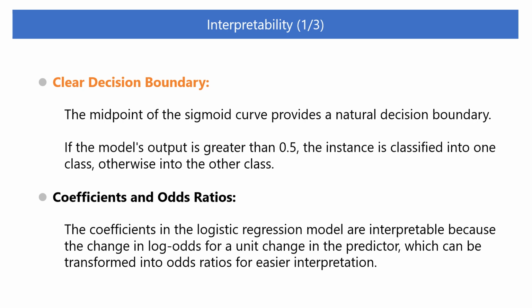If the model's output is greater than 0.5, the instance is classified into one class, otherwise into the other class. As for the second point, the coefficients in the logistic regression model are interpretable because they represent the change in logit for a unit change in the predictor, which can be transformed into odds ratio for easier interpretation.